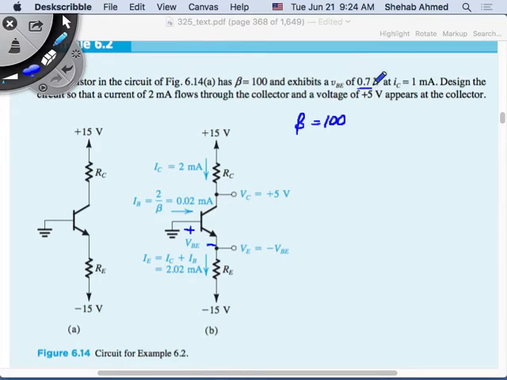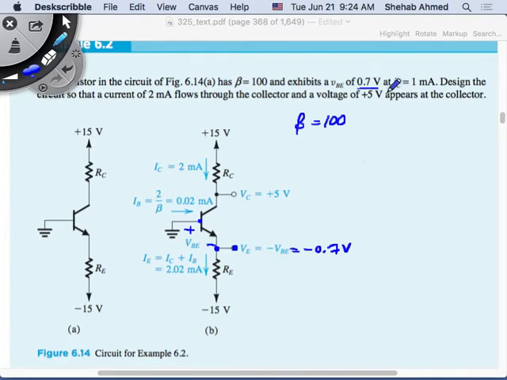How much higher? 0.7 volts higher. Here my base is at ground, which means that the voltage at this node, VE, is minus 0.7 volts.